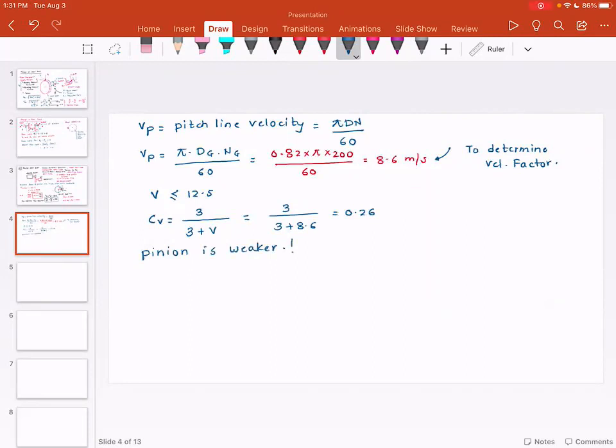And I need to find out the values of sigma multiplied by Y for the gear. For this, again, you have to go back to the design data sheet, and I'm going to assume the value of sigma to be 140 Newton per millimeter square.